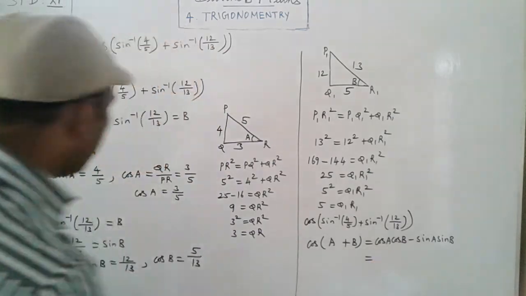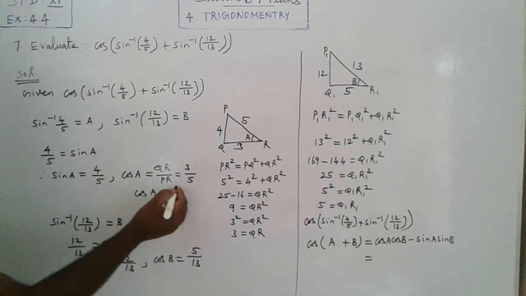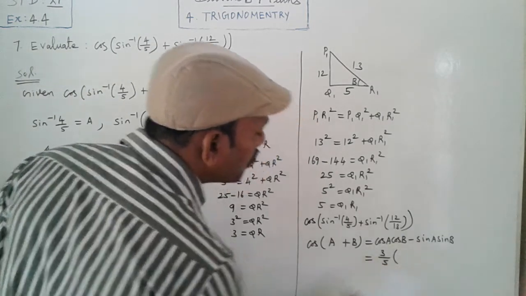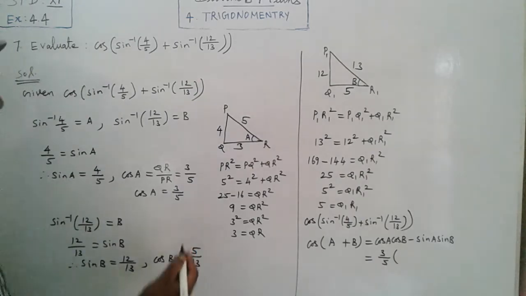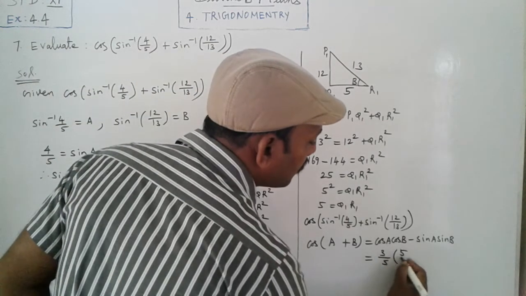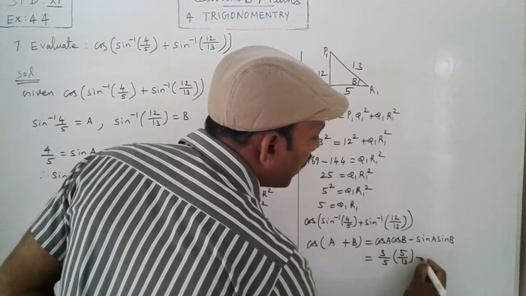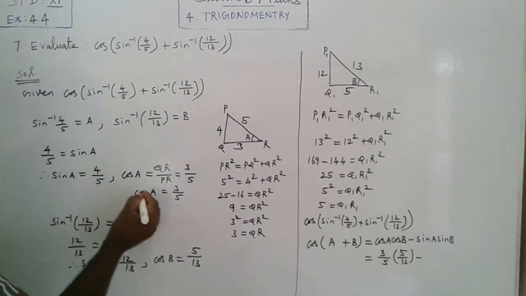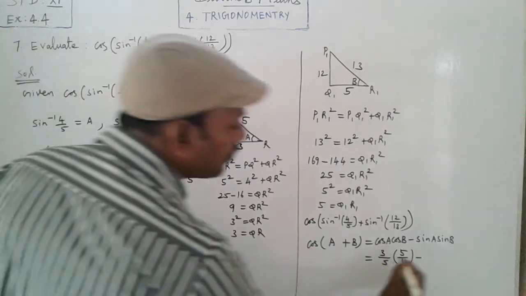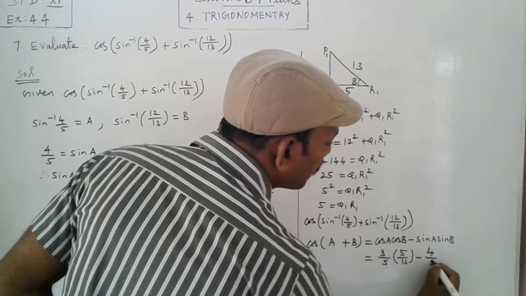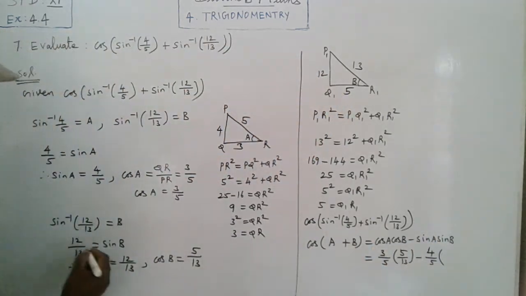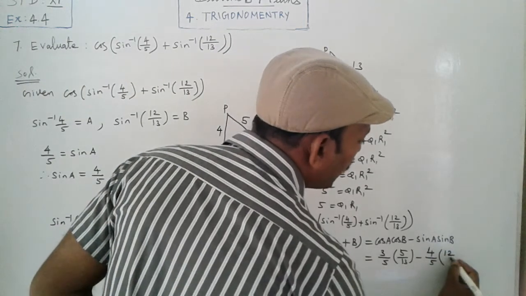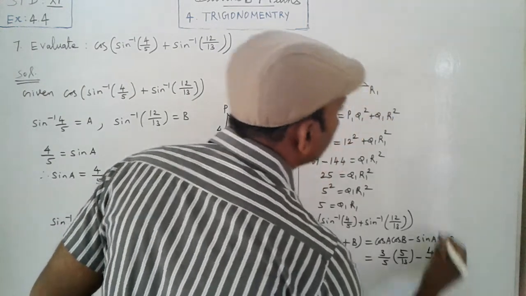Cos A cos B: cos A is 3 by 5 into cos B is 5 by 13, minus sin A sin B. Sin A is 4 by 5. Sin B is 12 divided by 13.